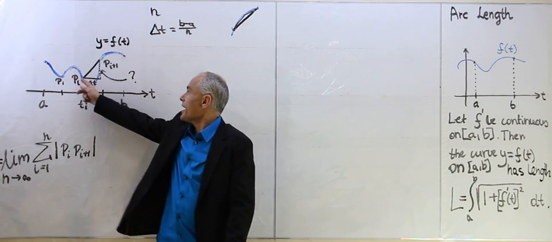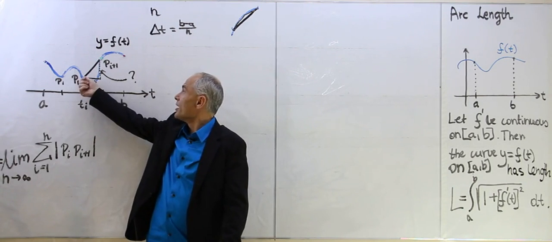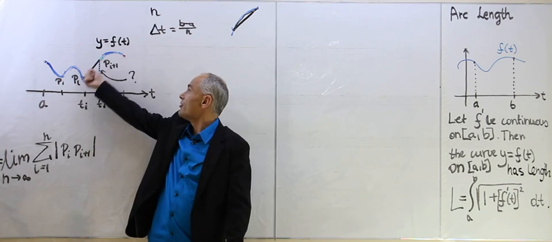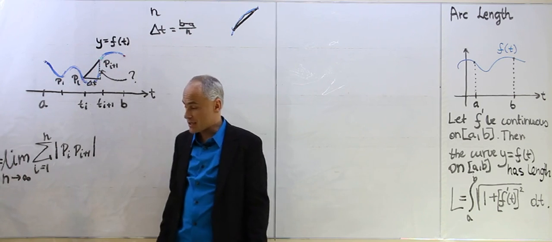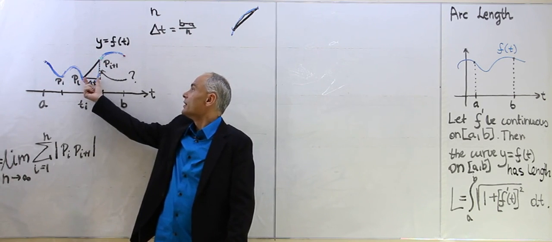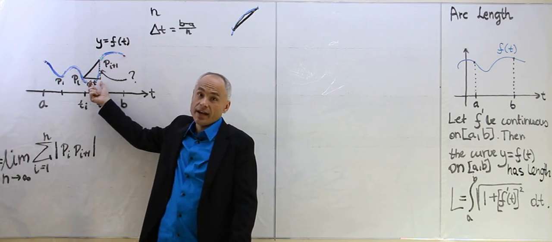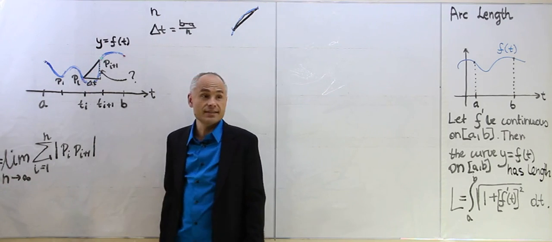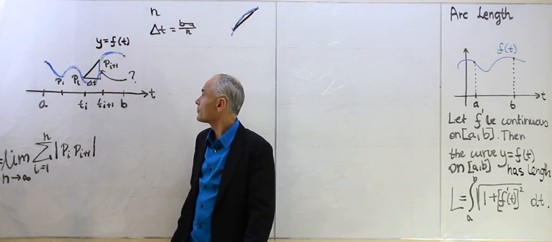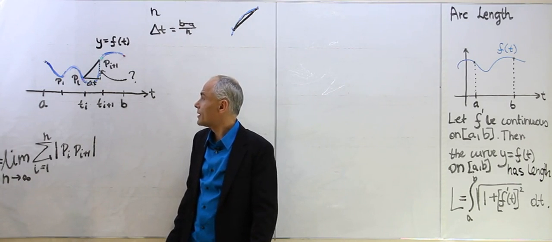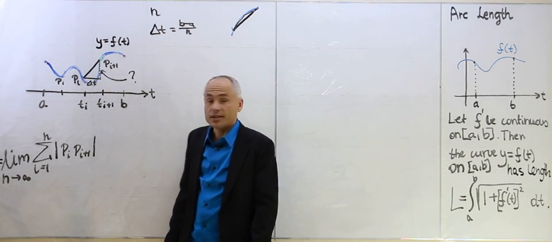So if I knew the slope of the line joining Pi and Pi plus 1, then I know the height, right? The height will be just that slope times delta t. So how do we get the slope?